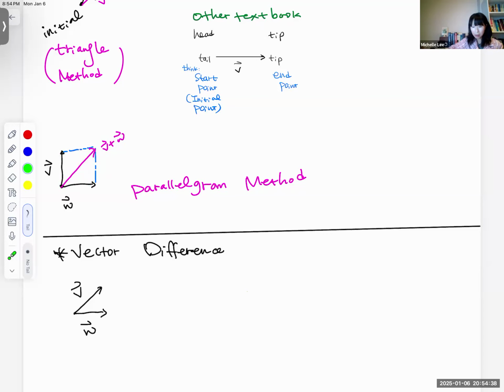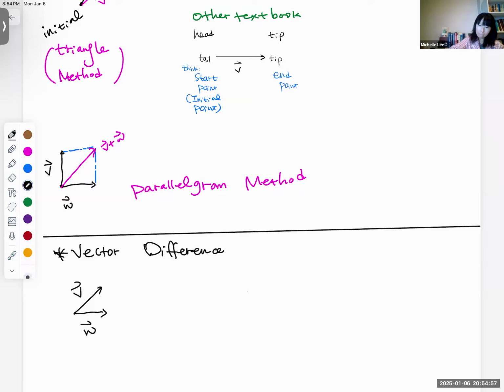So we cannot make a parallelogram to do that. That's the addition. We want to make a difference, but they share the initial point, right? So we can just connect. That is the vector difference.